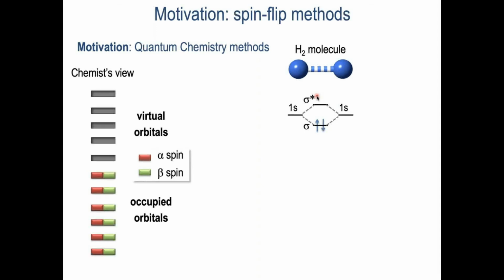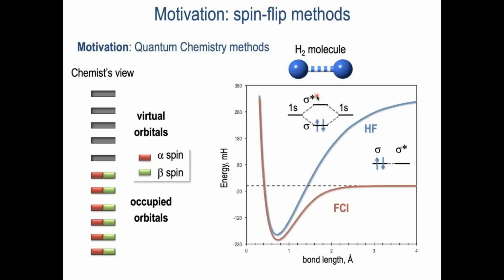But as soon as we stretch this molecule, as soon as we separate the 2 nuclei, the 2 orbitals become closer and closer in energy, and this picture breaks down. This means that the Hartree-Fock energy, which basically corresponds to this configuration, departs and produces a much larger energy with respect to the full CI, the exact solution, right?